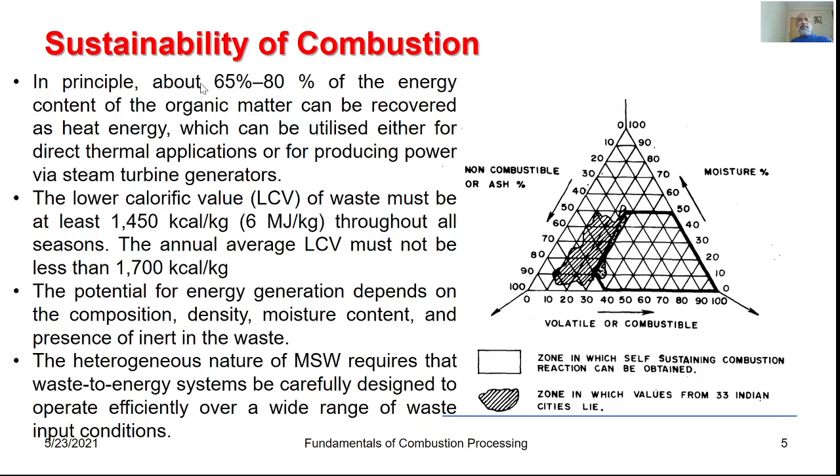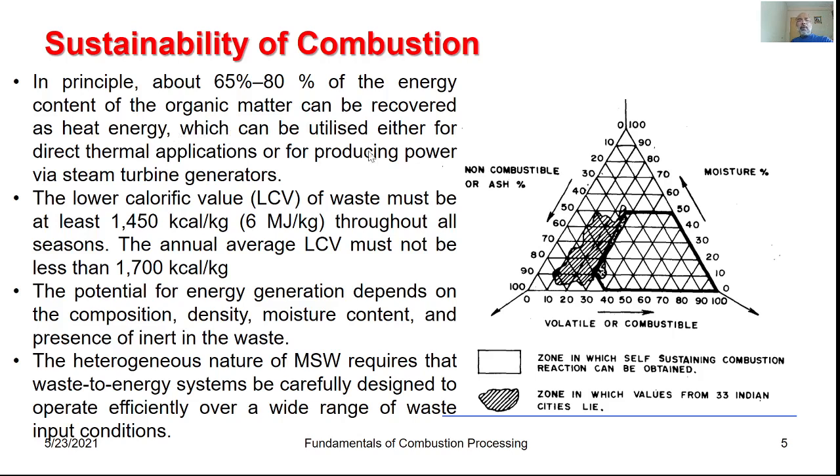In principle, about 65 to 80% of the energy content of the organic matter can be recovered as heat energy, which can be further utilized in order to generate electricity.